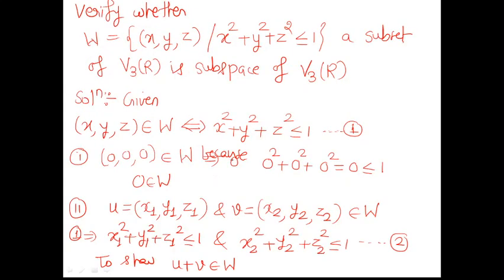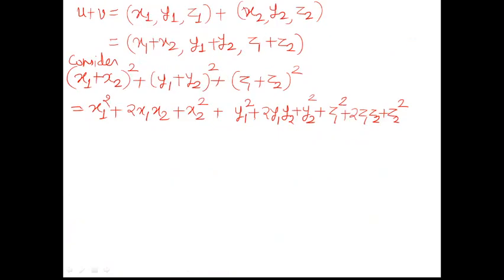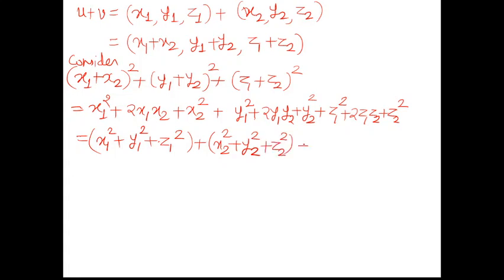Right now, the given quantities are equation 1 and equation 2, and we can use them here. So we will collect x1 square plus y1 square plus z1 square, and then x2 square plus y2 square plus z2 square, and then there are a few extra terms also.